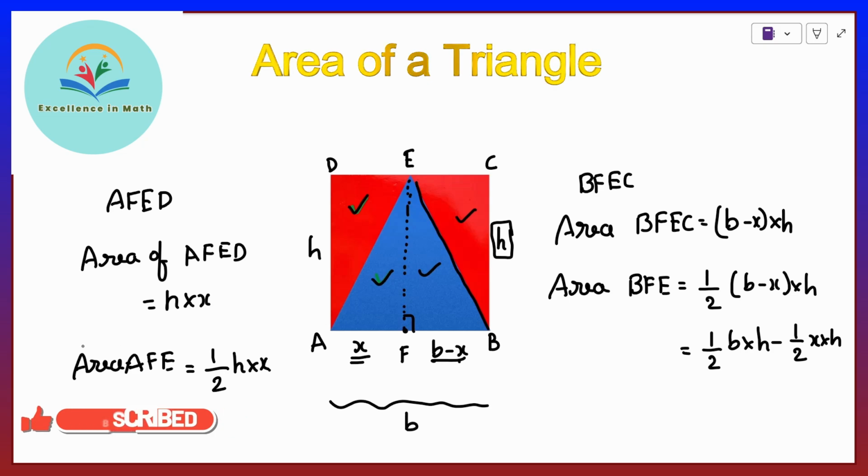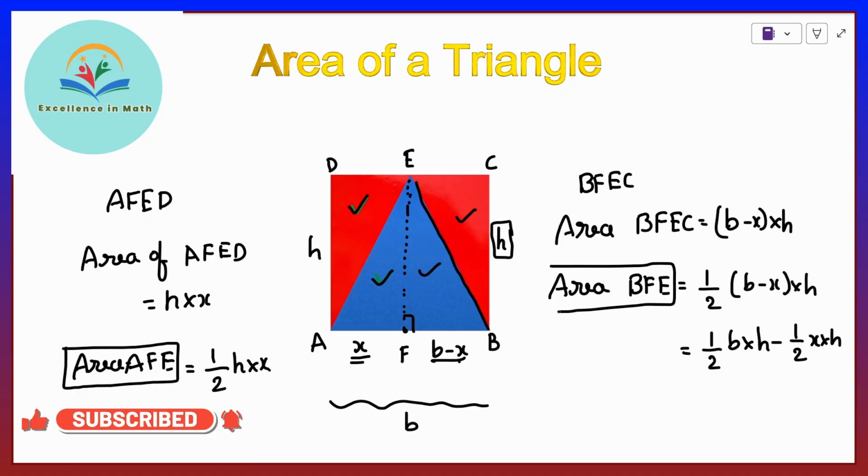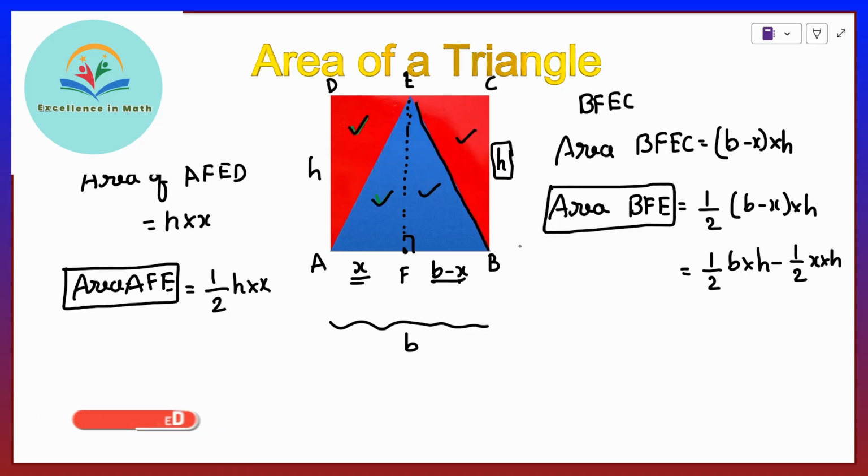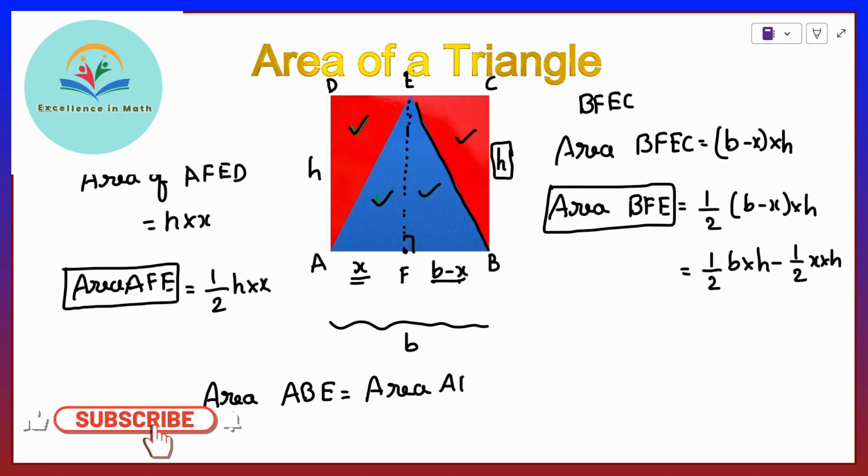So we got the areas of the blue triangles AFE and BFE. By adding these two areas, we get the area of ABE, which can be written as area of AFE plus area of BFE. Clear?